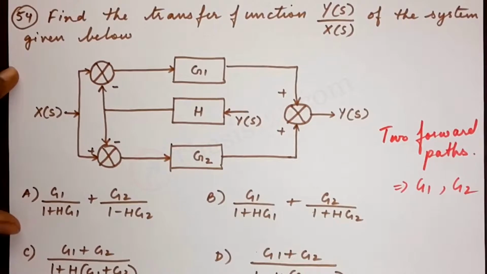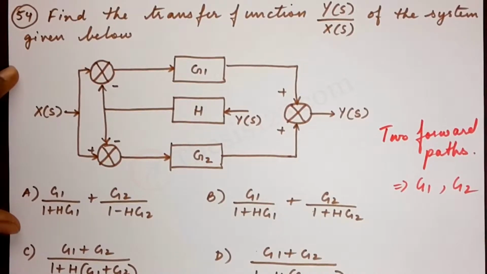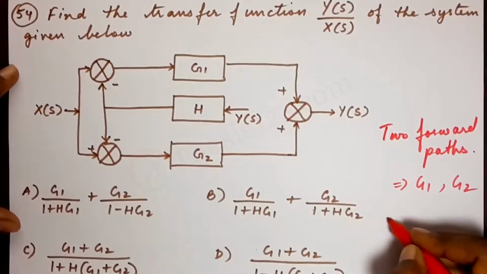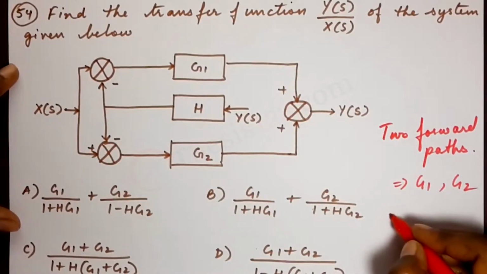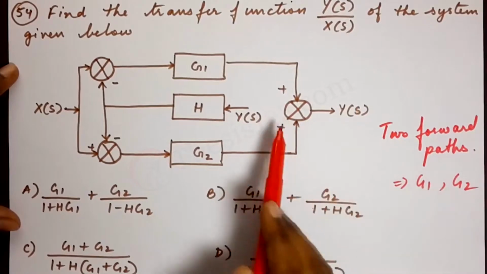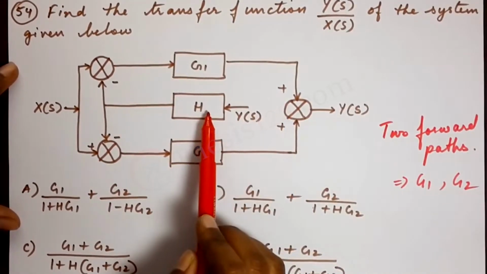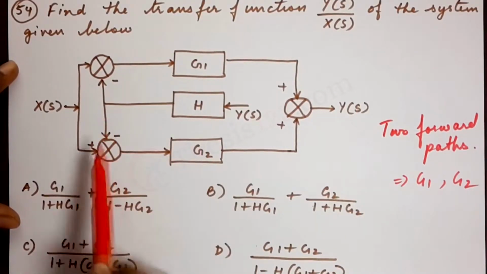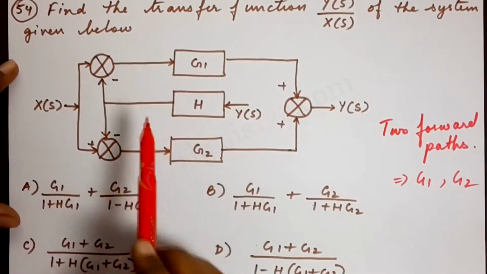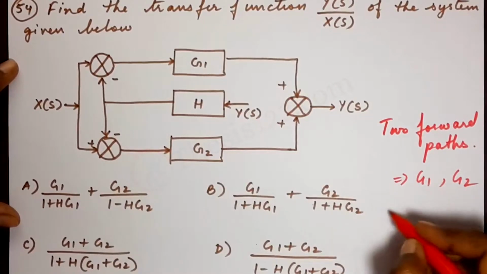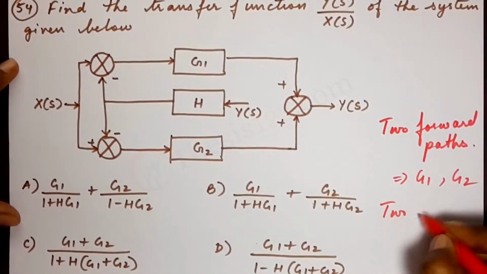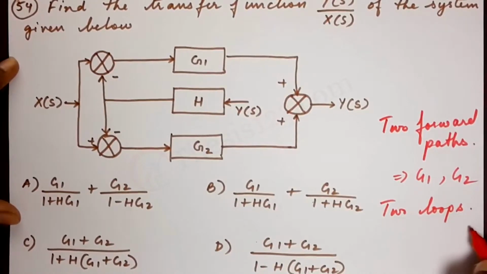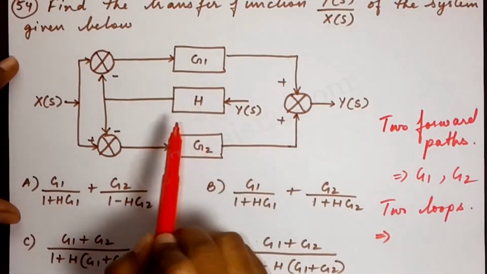Now the next step is to find out the loop gains. I'll write that down here as well. Let's see how many loops we have. From Y(s) we have a feedback H which goes to both G1 and G2. So that means we have two individual loops.